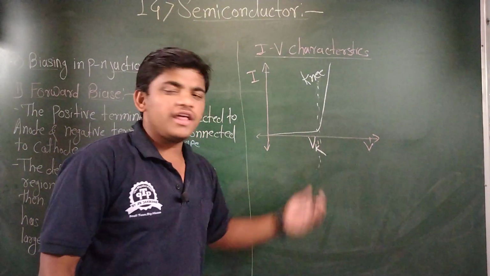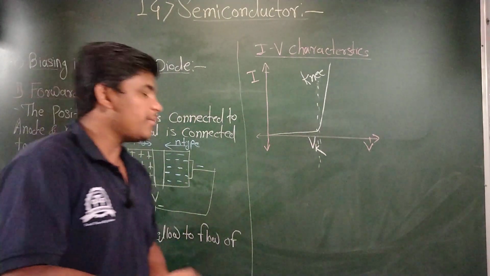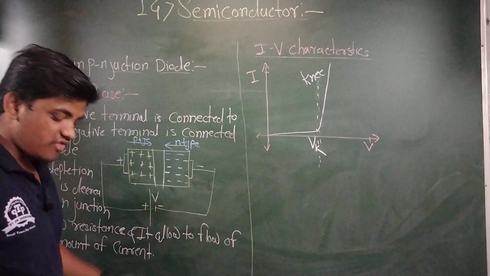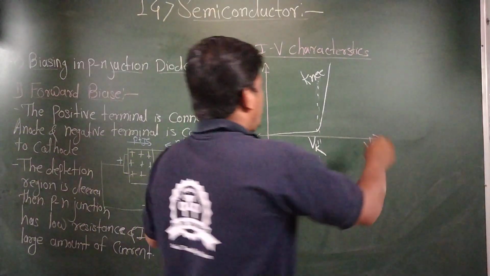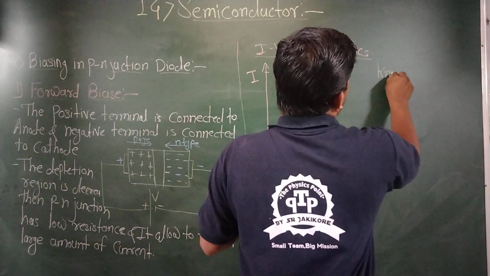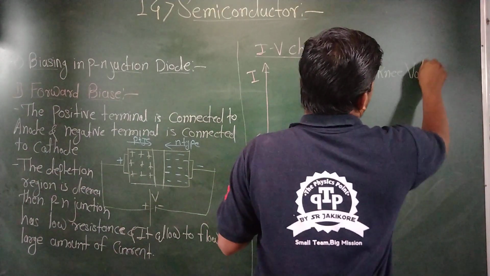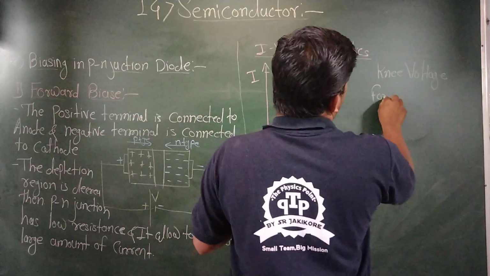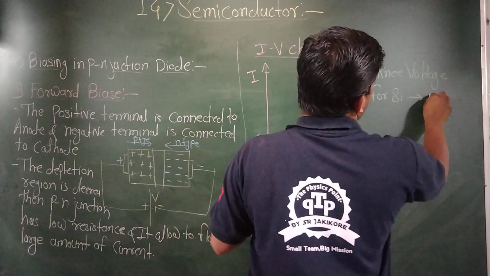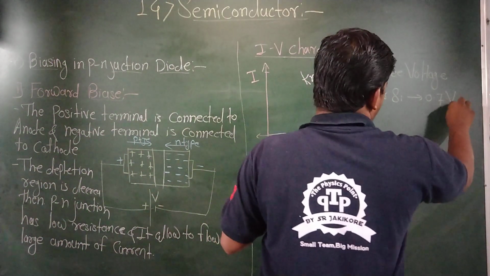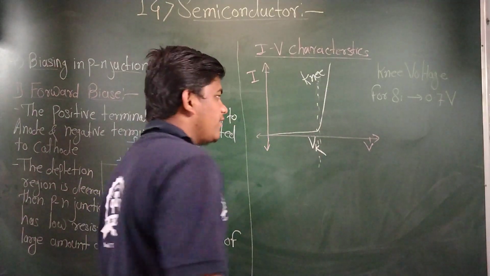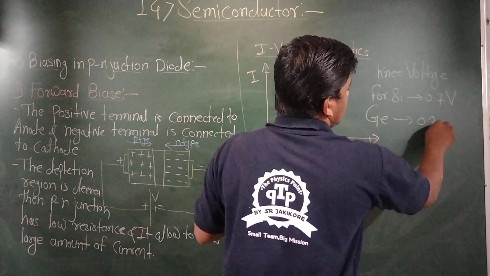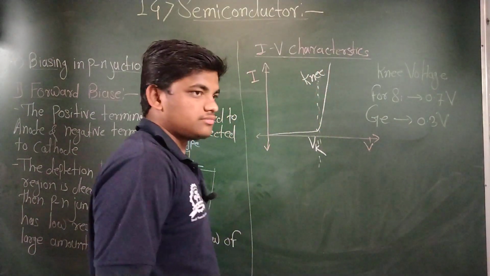This knee voltage differs for different types of semiconductor used in forming the PN junction diode. For silicon the knee voltage is 0.7 volt, and for germanium it is 0.3 volt.